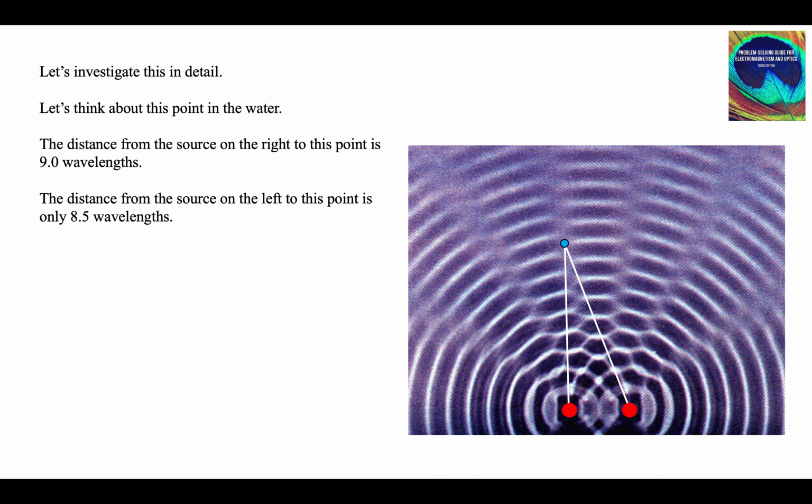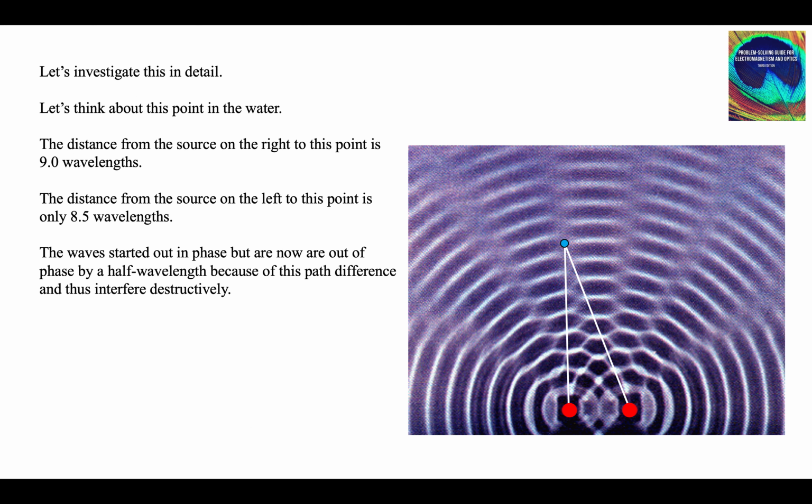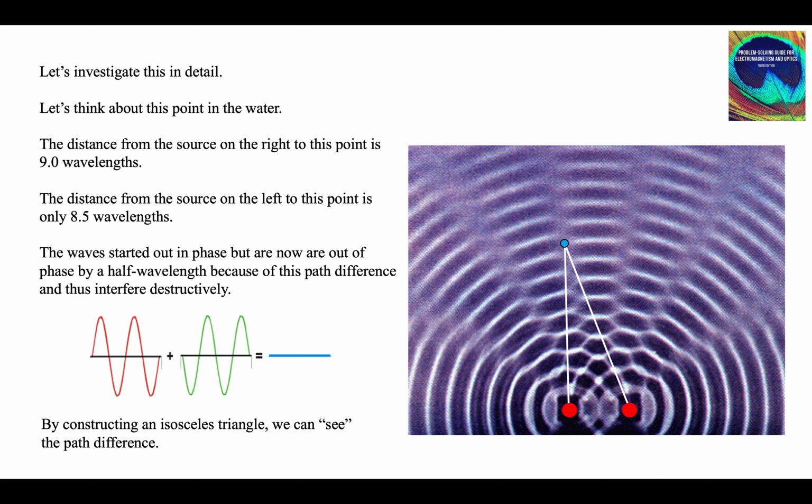This is 8.5. There's a path difference, and it's a half a wavelength, which means the waves are going to interfere destructively. So if you took a small bobber and put it right here, it would barely be bobbing. The waves interfere destructively. They started out in phase at the bobbers, but they're shifted and interfere destructively. You get almost nothing.